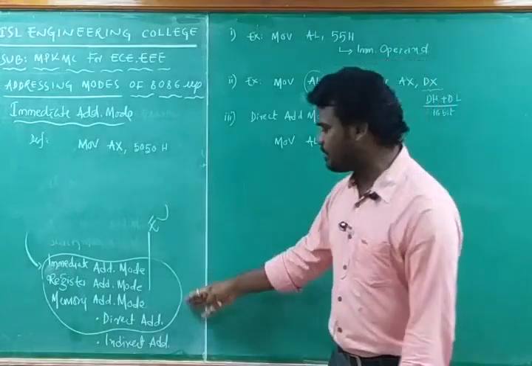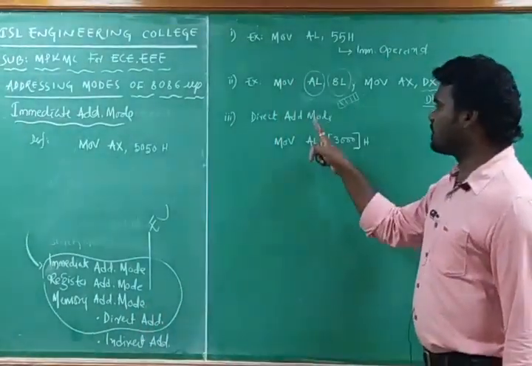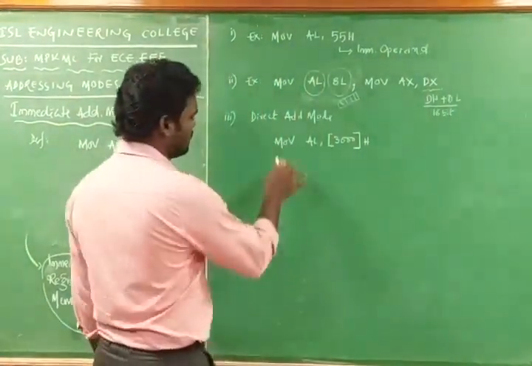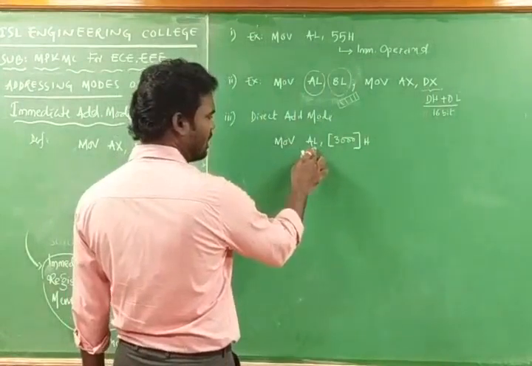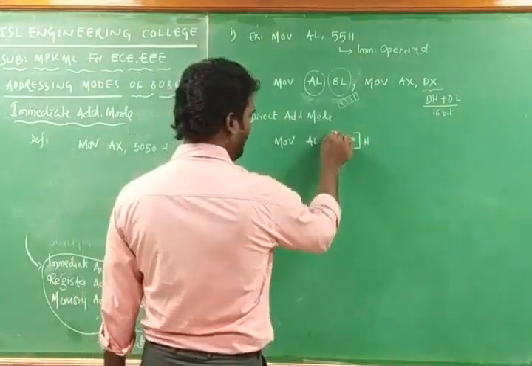This particular type of addressing mode is called memory addressing mode, in which we are going with the direct addressing mode. That means: MOV AL, [3000H].